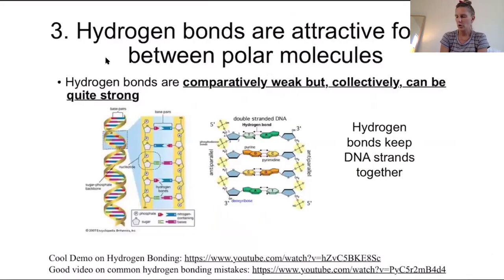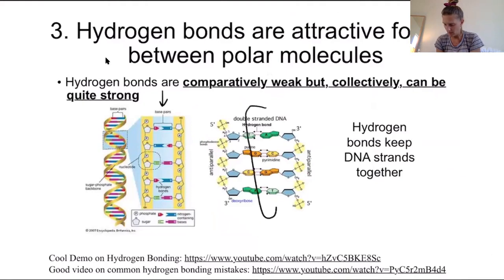So hydrogen bonds are attractive forces between polar molecules, comparatively very weak in comparison to covalent bonds and even ionic bonds, but collectively quite strong. And what we're going to see is that there is a lot of hydrogen bonding in DNA. So if you have DNA, there are two strands of DNA bound together through hydrogen bonding.